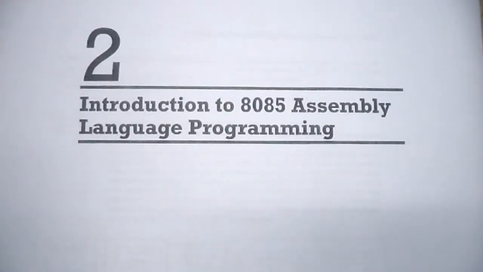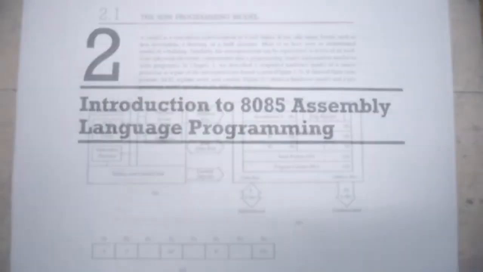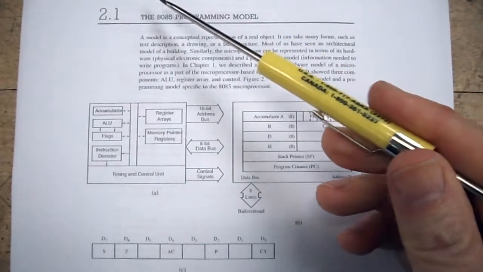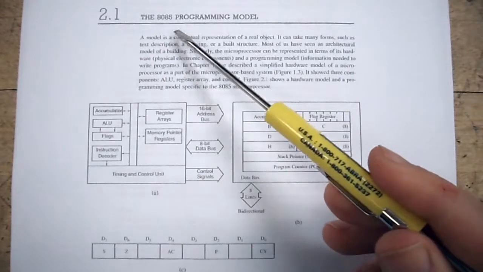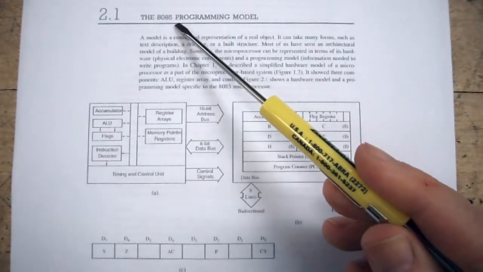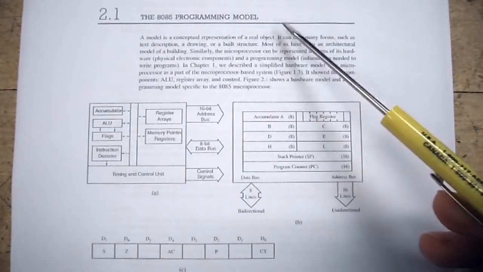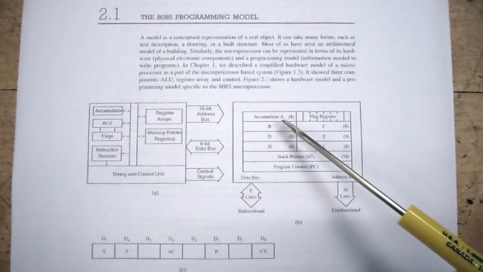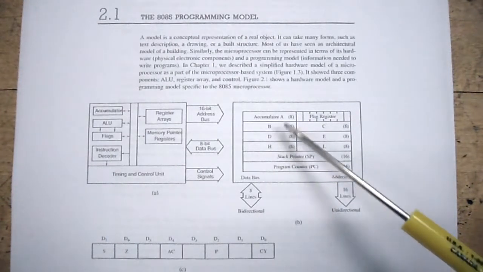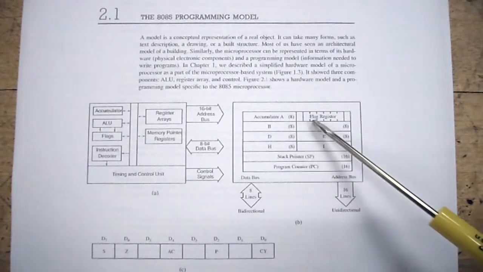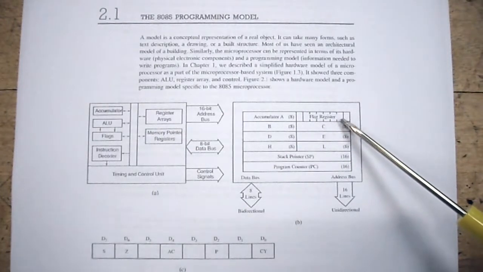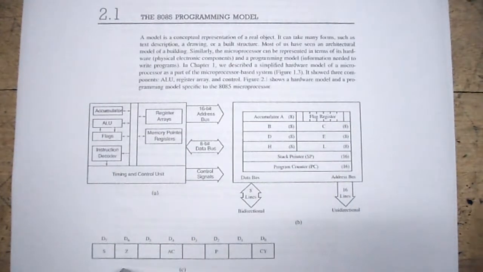Under flags, it says all flags are modified to reflect the result of the addition. So I want to refer you back to page 31 of your textbook, where we have the introduction to 8085 assembly language programming. On page 32, section 2.1, they give us the 8085 programming model, where they tell us we have the registers. We've got the A register followed by the flag register, and down here they have the flag registers.